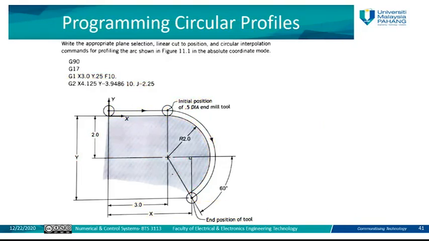Until this point here it's 2, and 0.25 represents the radius of the tool. So this line is 2.25 and this angle is 60. I can find the value of this line and also the value of that line.